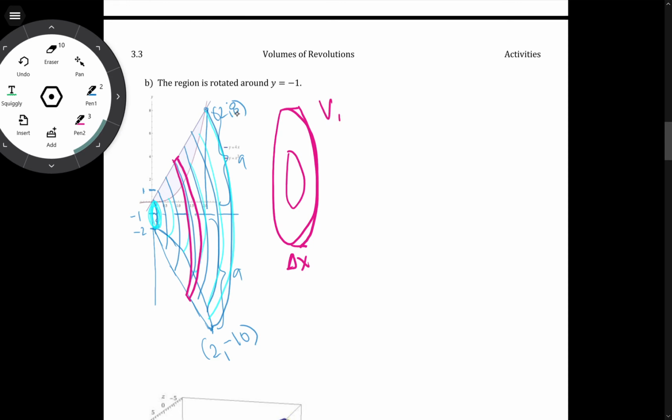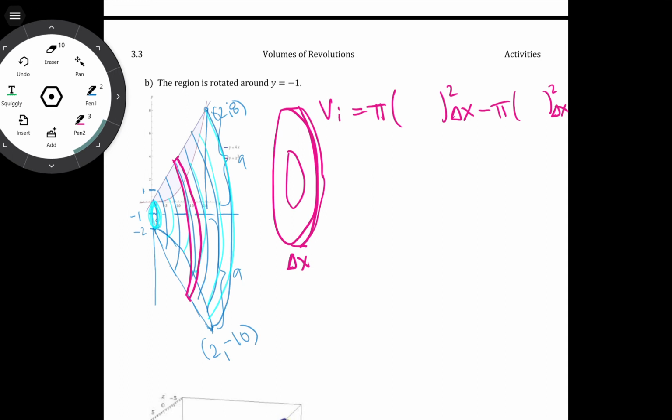So the volume of my slice is going to be a pi times the outer radius squared delta x minus a pi times the inner radius squared delta x. So the inner radius is going to come from starting right at the middle at the axis of revolution, that's y equals negative 1, and running up until we hit the bottom curve.